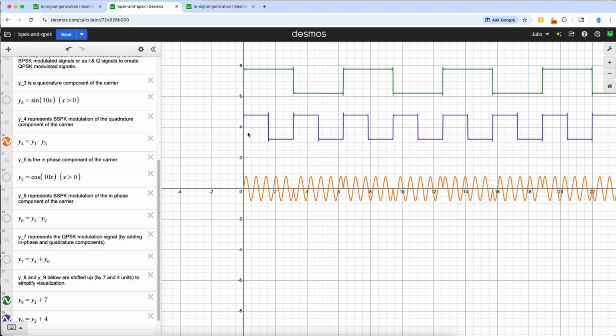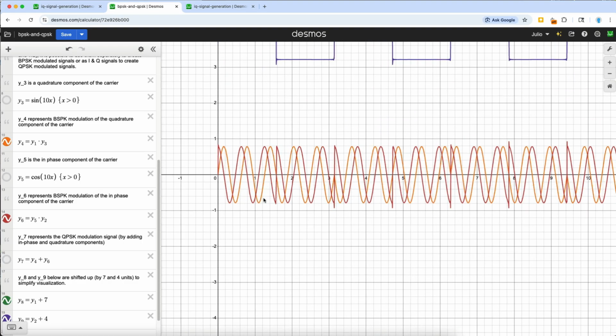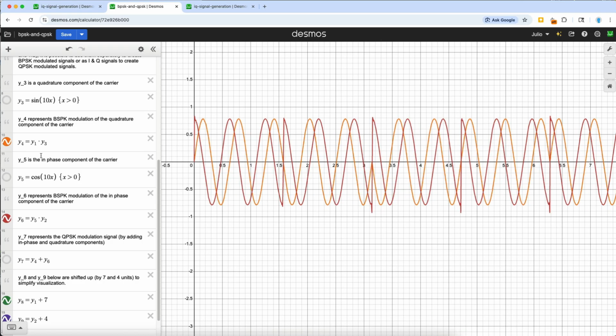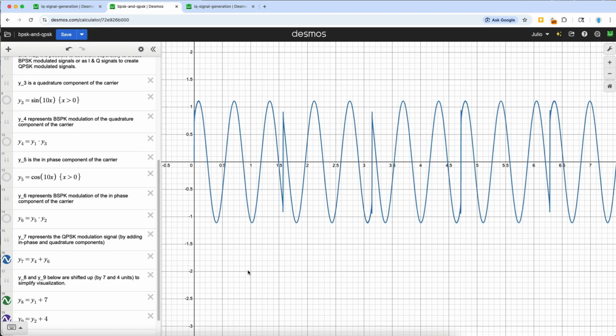And the dark purple symbols modulate a cosine wave, resulting in this waveform right there. Now, if we add these two, the orange wave and the red or brown wave, let's see what happens. Let me turn this off so that it's not too crowded, and let's plot the addition.